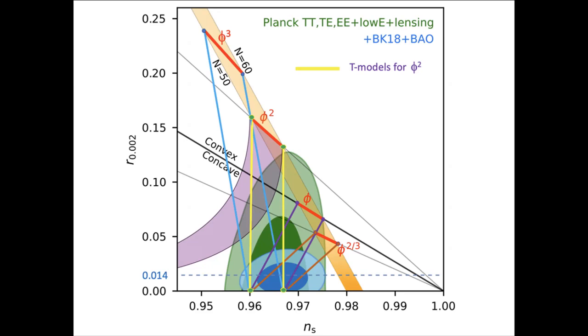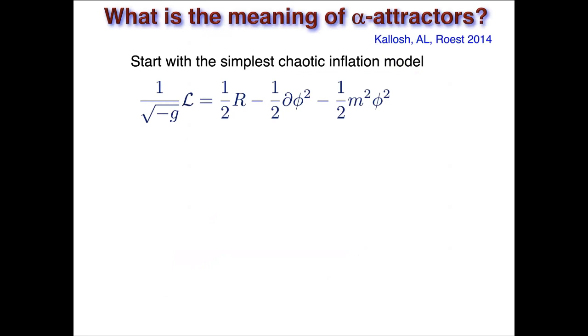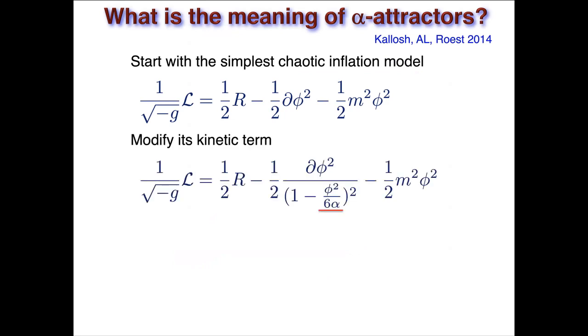So right now I will briefly mention what these alpha attractors are. This is the Lagrangian for the simplest chaotic inflation model with m squared phi squared. I'm doing one small modification: I'm replacing the kinetic term by a strange looking kinetic term which has a pole here.